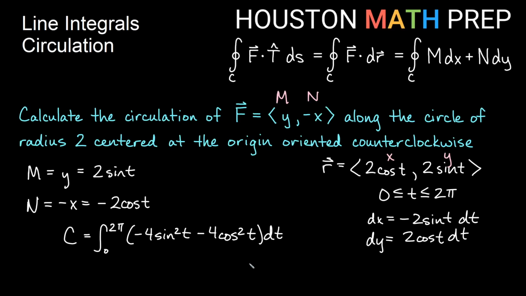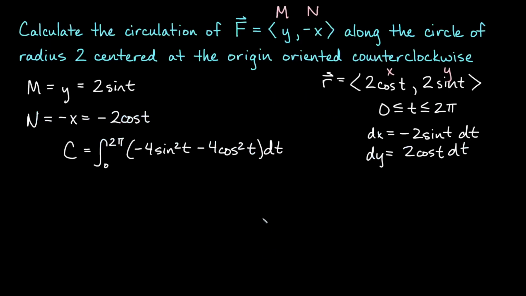So we get this integral, and now basically we have negative 4. If you factor out a negative 4, you would have that times sine squared t plus cosine squared t. In other words, negative 4 times 1. So this integral actually becomes the integral from 0 to 2 pi of negative 4 dt. And if we integrate that, then we'll get negative 4t.